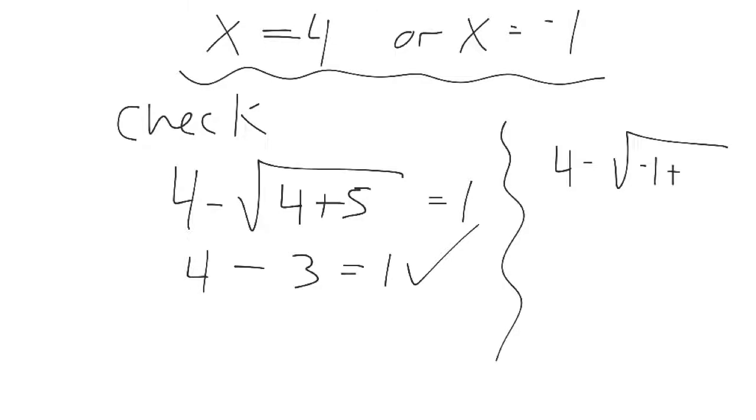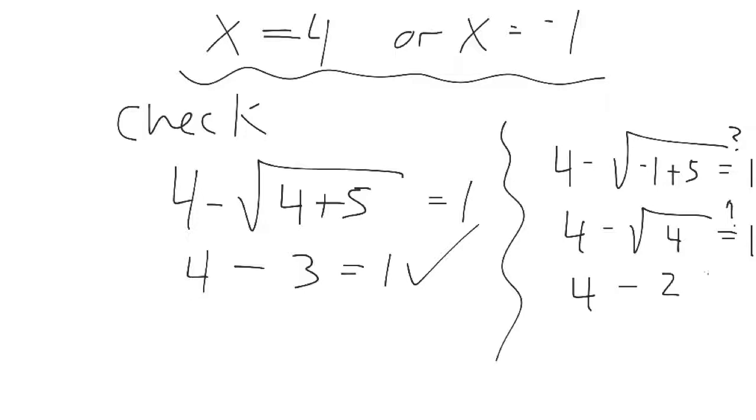Again, checking negative 1, you get negative 1 minus the square root of negative 1 plus 5. Is that really equal to 1? Let's find out. We get negative 1 minus the square root of 4. And maybe that's equal to 1. And you see negative 1 minus 2 is definitely not equal to 1.